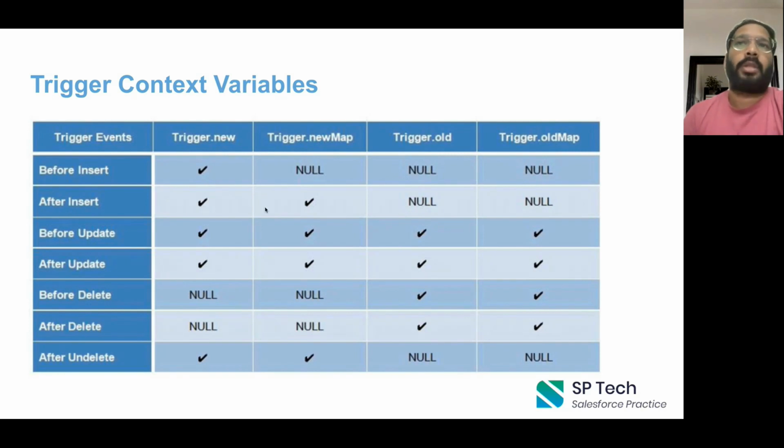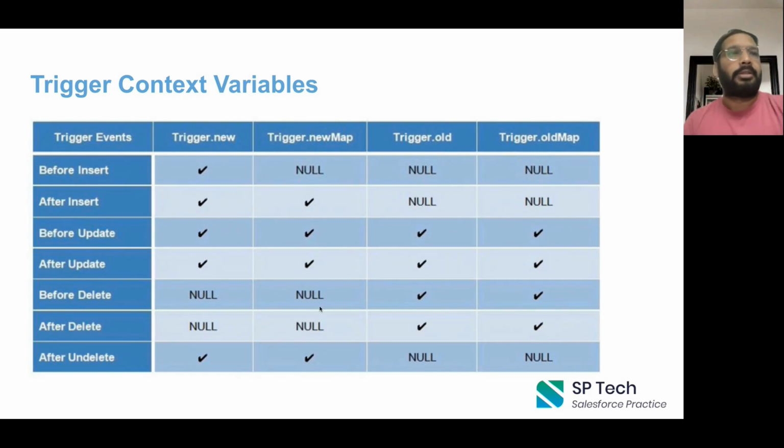In case of insert, new or newMap will be available, and old won't be available, because if you are creating a new record, its old state is not available, it is a net new record. But if you are updating any record, it will have some prior value, then you are filling some new value as well. So you can have both values. Old will have the old state of the record, and new will have the new state of the record.